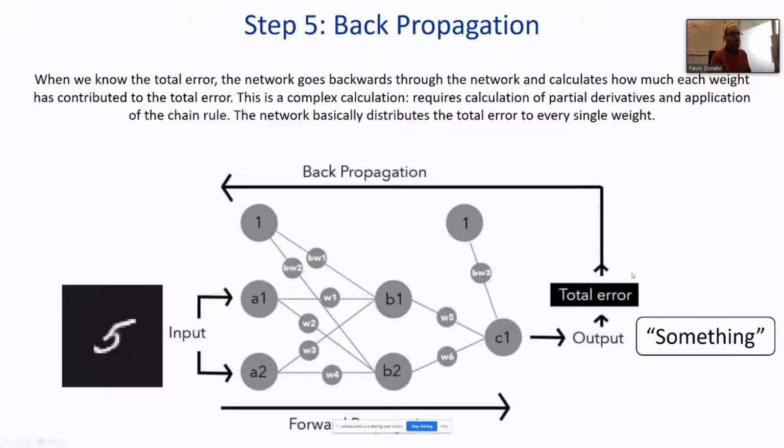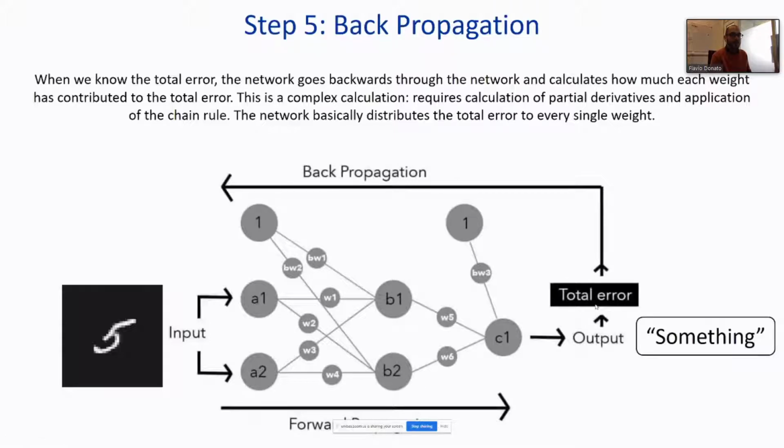We know how much it is wrong because it can be compared to the label, and through a complex calculation that requires calculating partial derivatives, applying the chain rule and so on, which again, you don't need to know. If you want to know, ask me and I will send you references to read about that. You can actually define how much each of these individual weights has contributed to the total error.